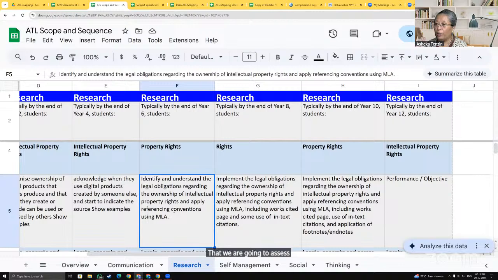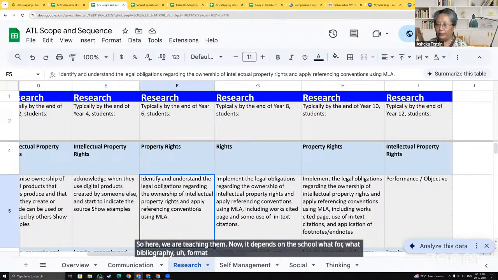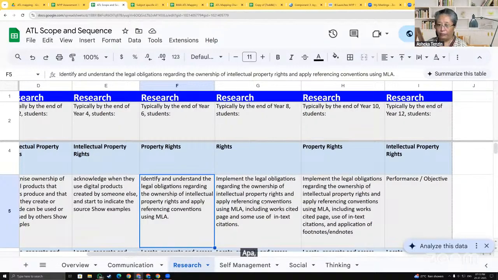If we are not going to teach them how to do it, we have no right to assess, right? So here we are teaching them. Now it depends on the school what bibliography format you use, APA, MLA, Turabian, whatever. Same way with the others.